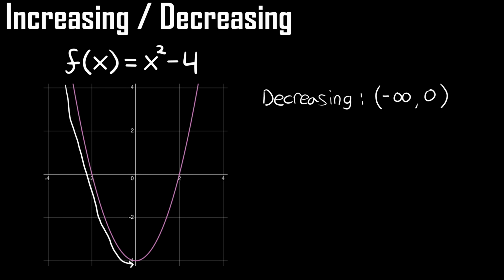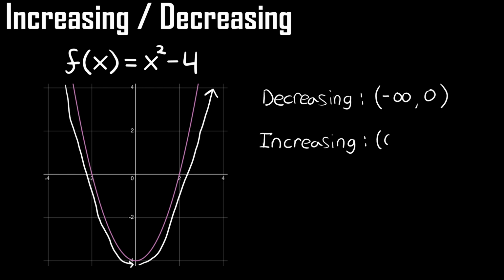Now we are increasing from 0, when x is 0, all the way till +infinity. So express that as 0, infinity. And that is how you can tell whether your function is increasing or decreasing by looking at the graph.